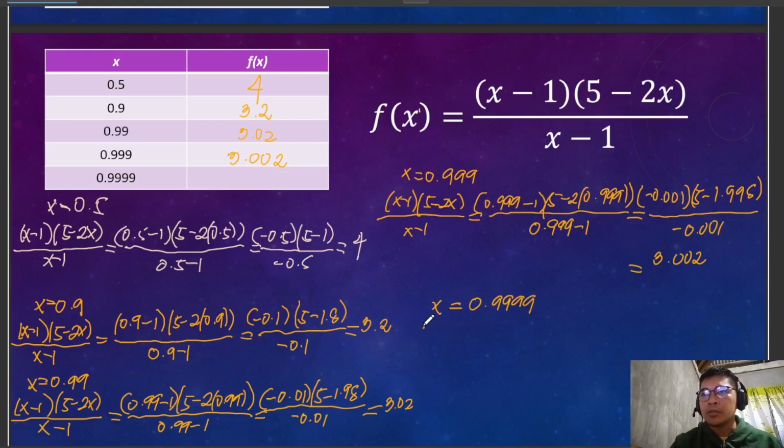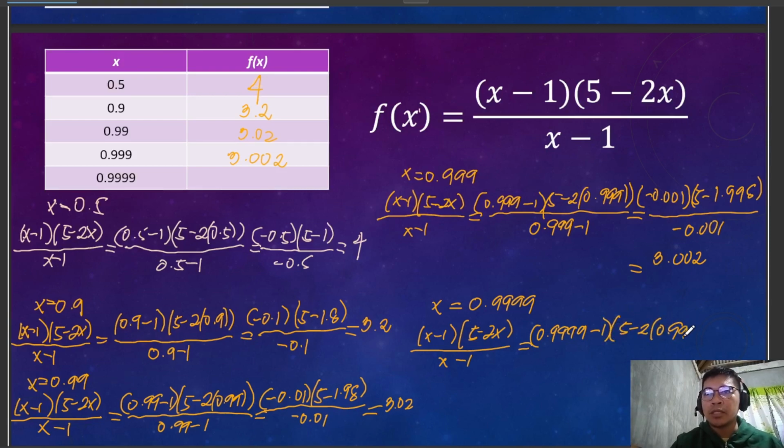0.9999. x minus 1 times 5 minus 2x all over x minus 1. Substitute: 0.9999 minus 1 times 5 minus 2 times 0.9999 all over 0.9999 minus 1. So what is 0.9999 minus 1? That is negative 0.0001.